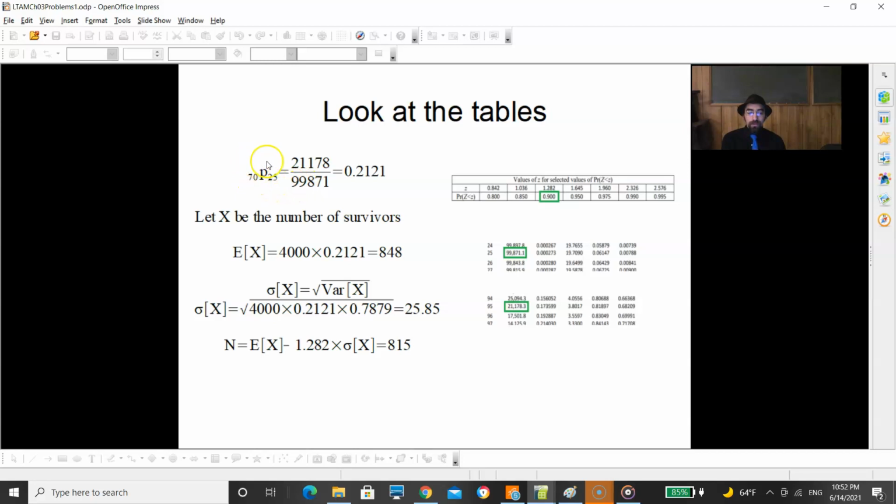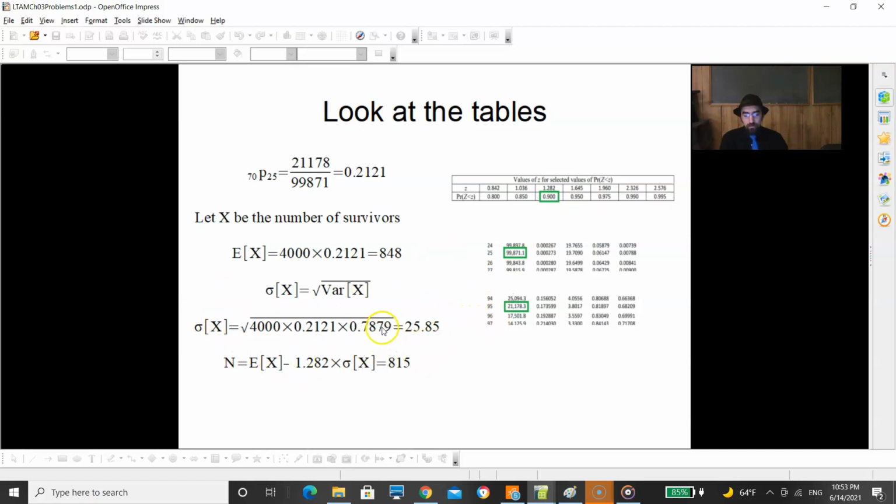If we want the probability of one person surviving from age 25 to age 95, you get 21,178 over 99,871. It's 0.2121. The expectation of x is 4,000 times that, or 848. The standard deviation, hopefully you remember the standard deviation of a binomial distribution.